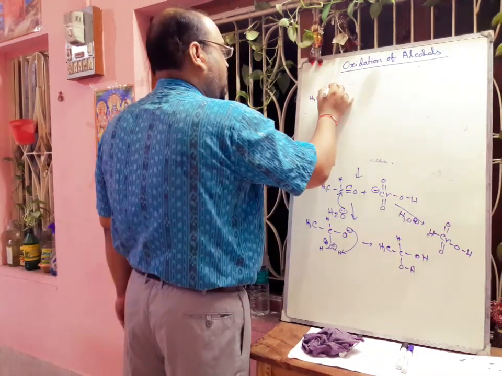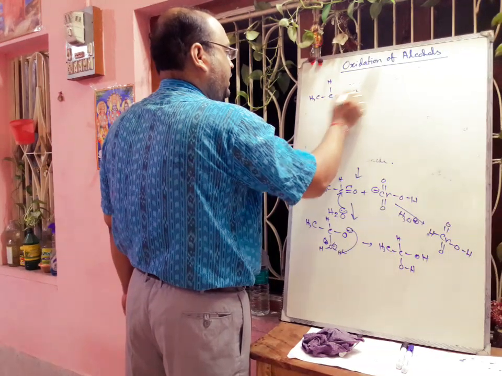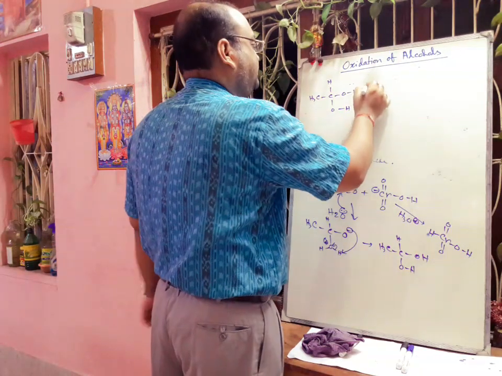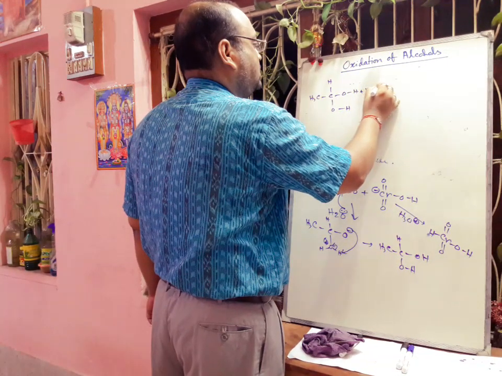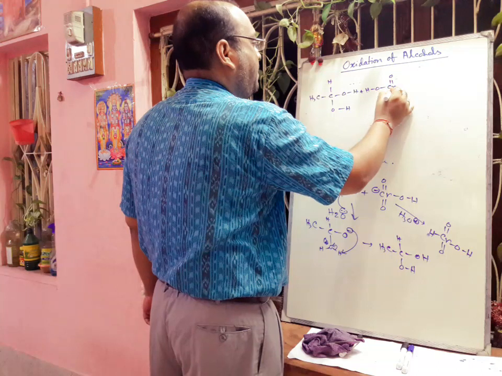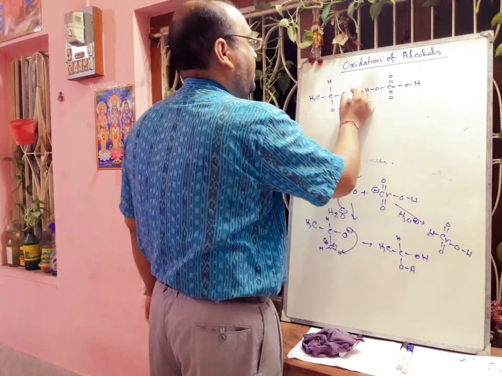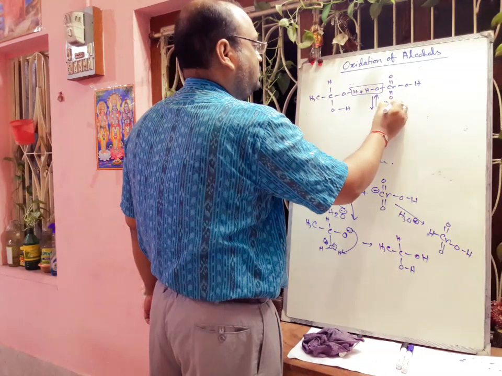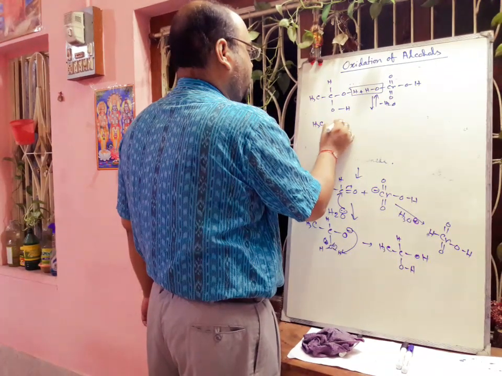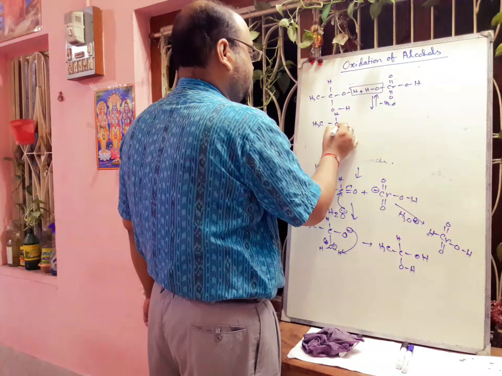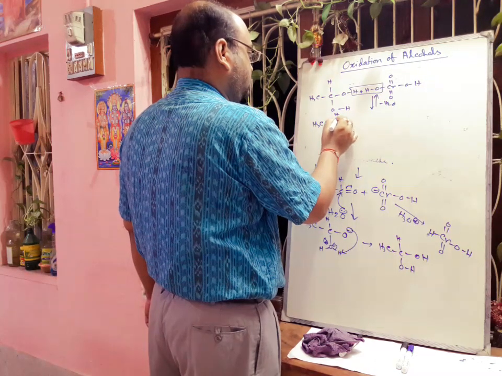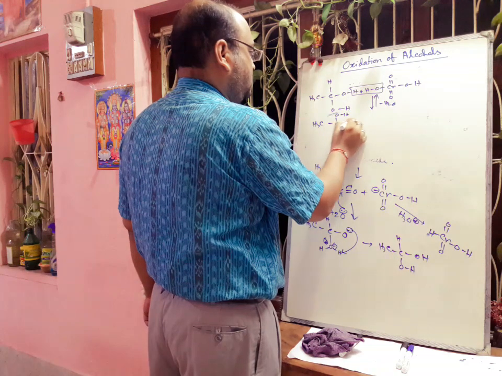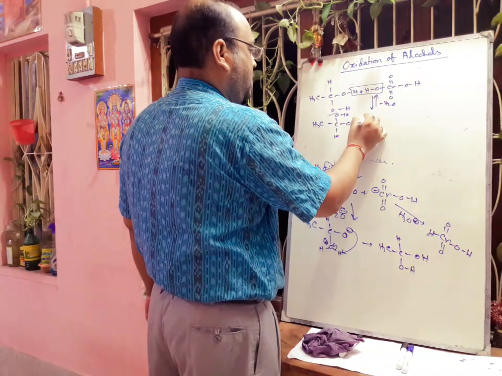CH3CH(OH)OH plus chromic acid, and there will be elimination of one water, and it will form the chromate ester. Here we are writing H, Cr.